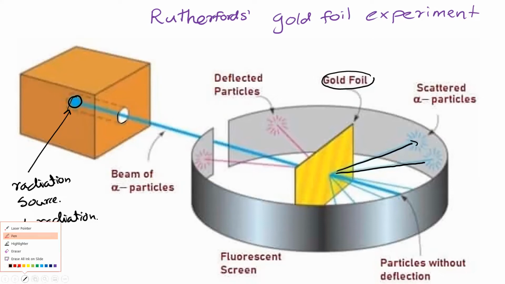And then there were very few particles that bounced back all the way to the other side of the gold foil. So these are the three observations. So in Rutherford's gold foil experiment, there are three main observations.